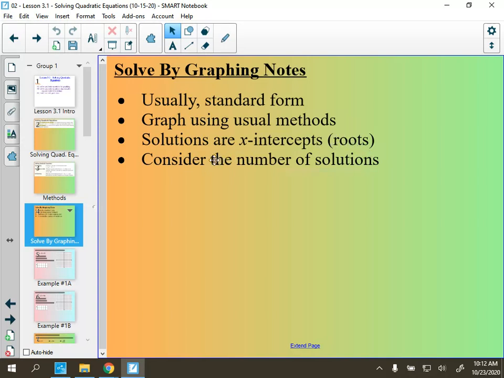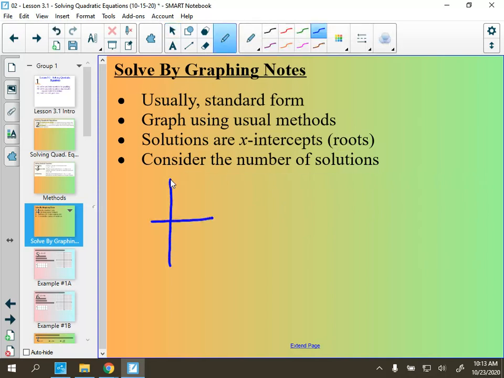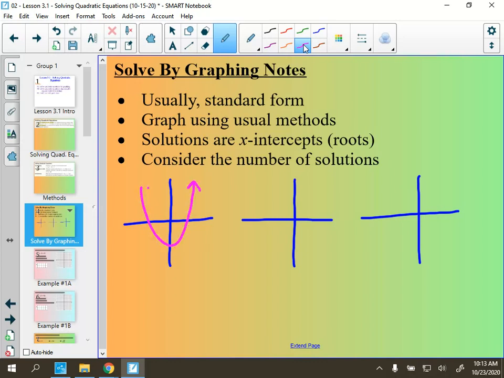The last part I put here was to consider the number of solutions you could potentially have. What three outcomes could happen when we graph a parabola? We know the shape in standard form is going to be a parabola. We could end up with a graph that crosses my x-axis twice, so we'd have two solutions because there's two x-intercepts.